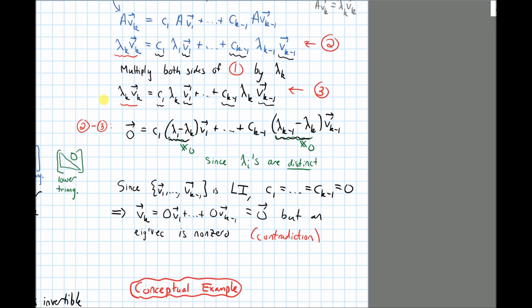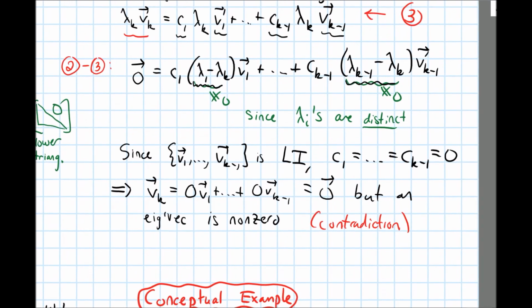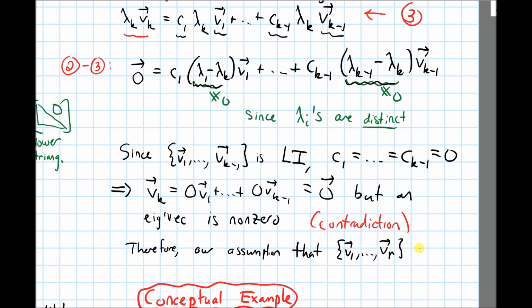So therefore, let's zoom it back in and write down our conclusion. Therefore, our assumption that the set of vectors v1, ..., up until vr is linearly dependent, that assumption was wrong.